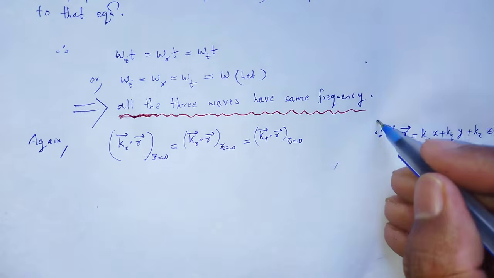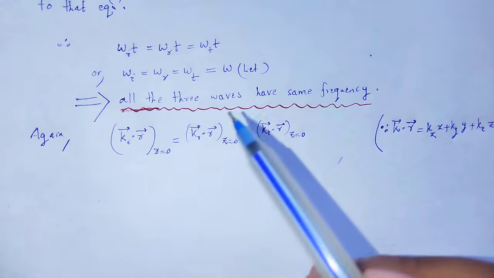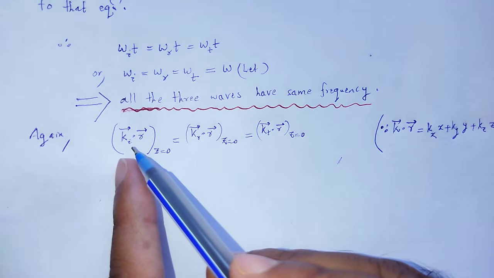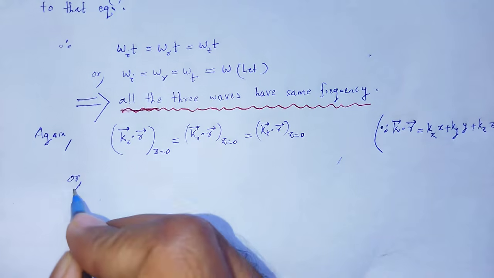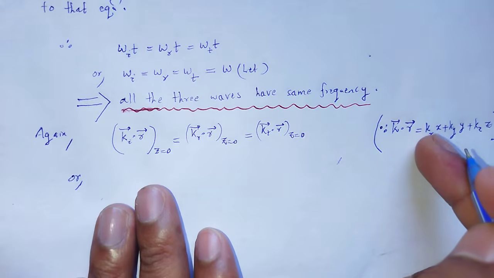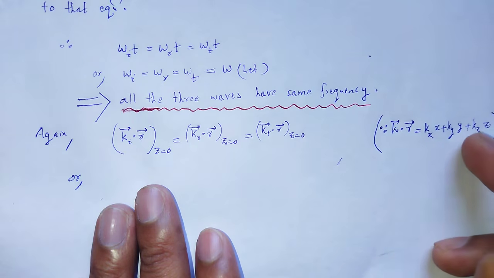But when it is indicating that z component is 0, similarly for I we can use k ix into x, k iy into y, k iz into z, but z component will be 0.